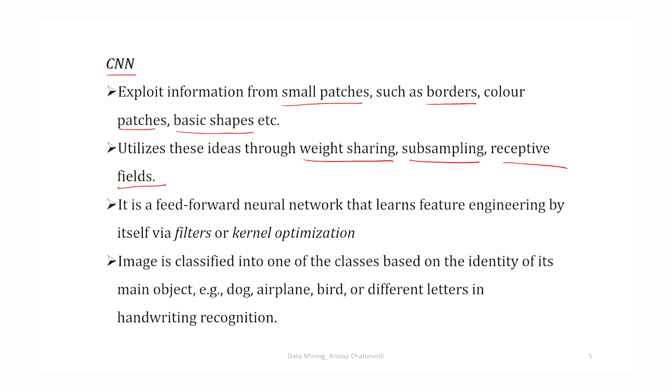Further, it is a feed-forward neural network that learns feature engineering by itself via filter or kernel optimization. And then the image is classified into one of the classes based on the identity of its main object. For example, you may classify the image into dog, aeroplane, bird or different letters in handwriting recognition.